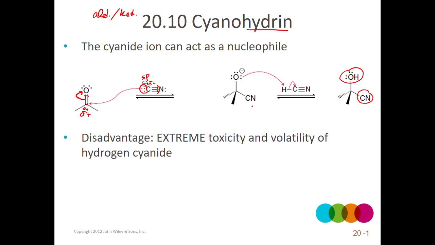The problem is that hydrogen cyanide is a gas at room temperature, and if I have it in solution, it can start bubbling out and evaporating, and it's extremely toxic gas. So this reaction typically would not be performed unless you had very specific equipment to handle that gas, and so that's a big disadvantage of this reaction if you wanted to use it as part of a synthesis.